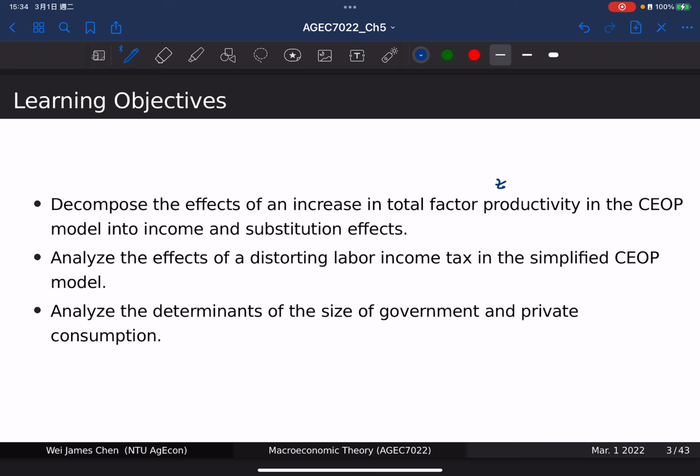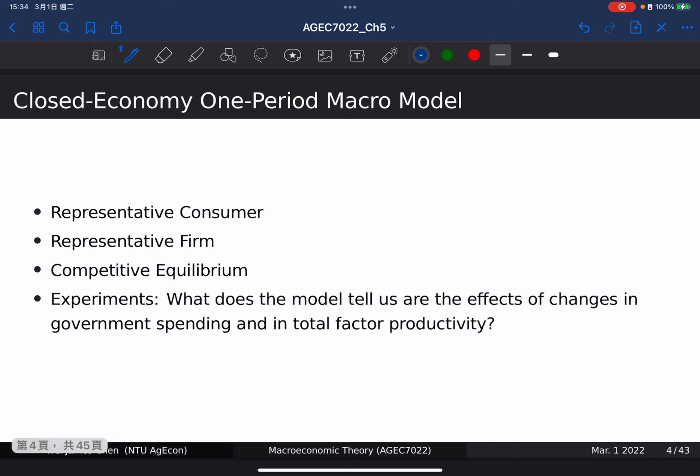So we have this simple CEOP model, but we can turn this simple model to analyze a lot of different aspects as long as we change some assumptions in the model. That's what we will see in this chapter.